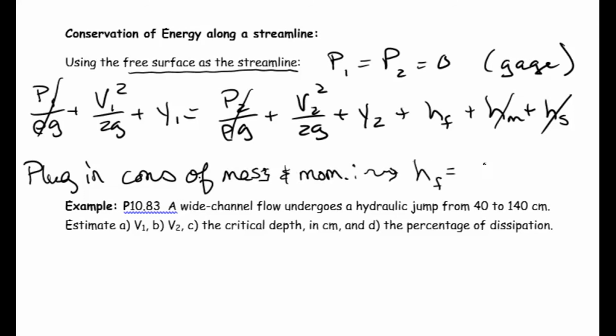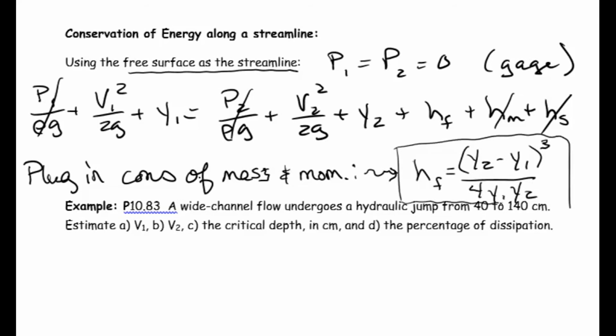HF equals y2 minus y1 quantity cubed over 4 y1 y2. All right, so with that, we can figure out what are our head losses due to just going across that wave, having that hydraulic jump. All right, so we did all three of those conservation equations.